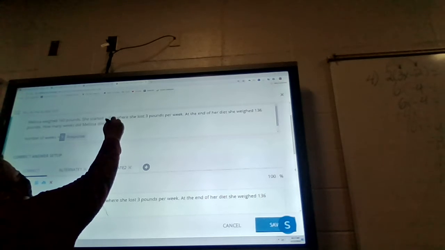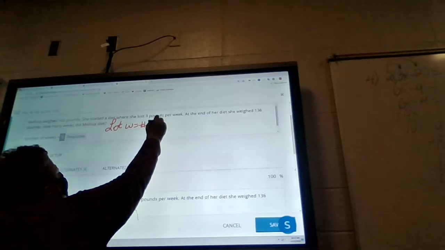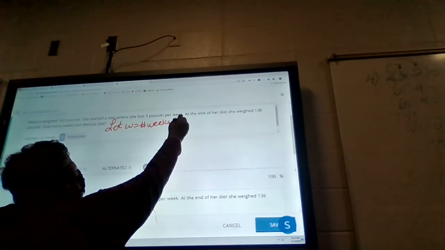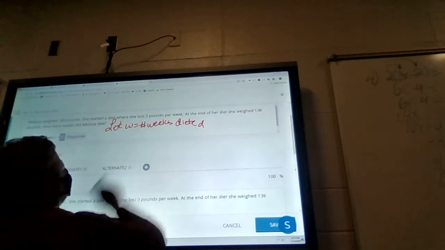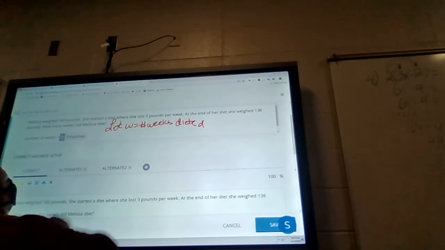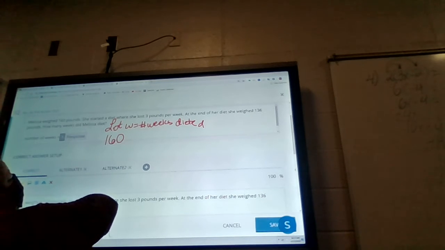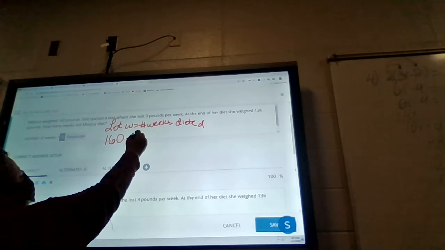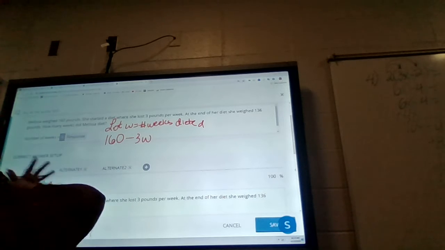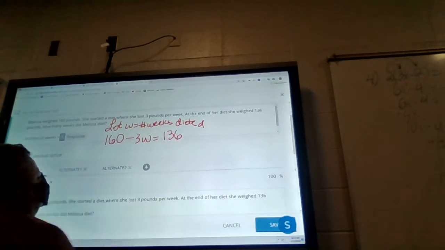Let w equal the number of weeks dieted. Okay, so she started out at 160, right? Then she lost 3 pounds per week, so we subtract that one. And so at the end of that time, she weighed 136.